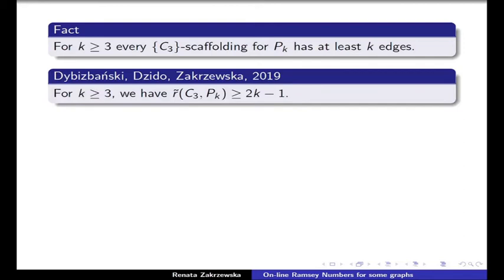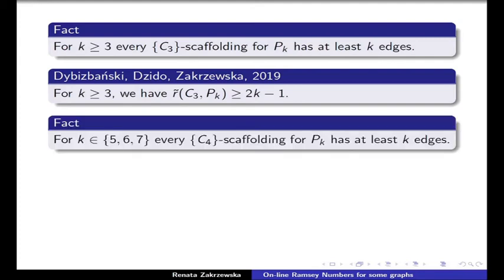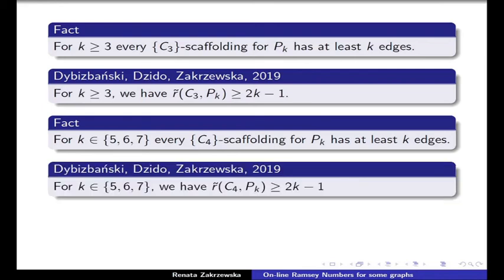And in 2019, for k at least 3, we proved that the online Ramsey number of C3, Pk is at least 2k minus 1, from the fact that for k equal to 5, 6 or 7, every C4 scaffolding for Pk has at least k edges.